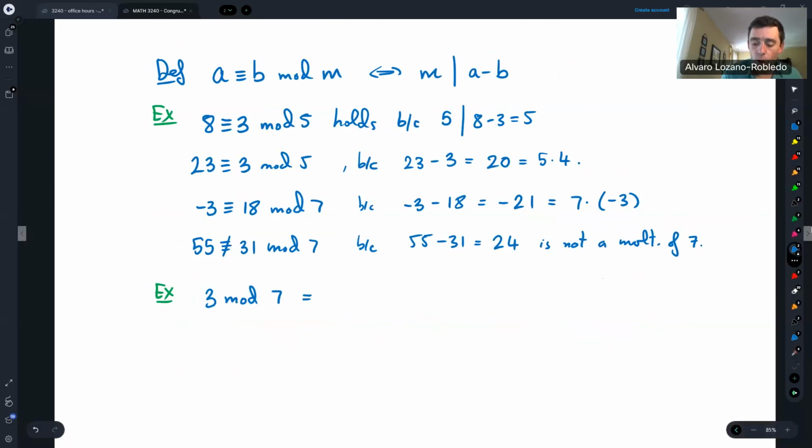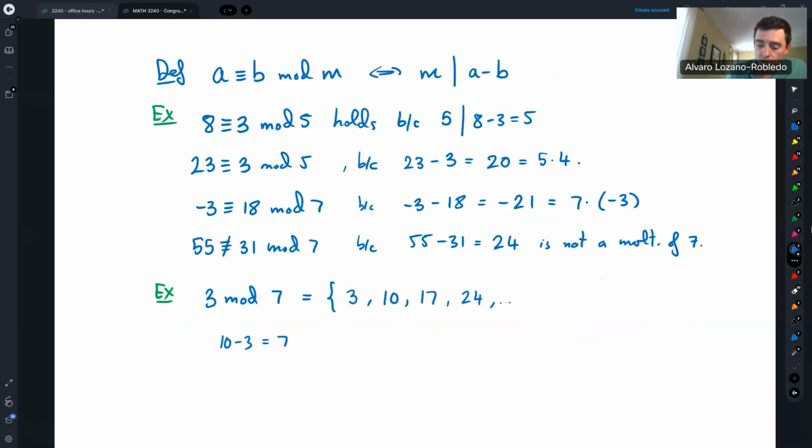So it's the set of all integers that are congruent to 3 modulo 7. So certainly 3 is there. And if I add 7, 10 will also be a number in that set, because 10 minus 3 is 7, which is divisible by 7, right? And if I add 7 again, I will get 17 and 24 and so on. Those will all be there.